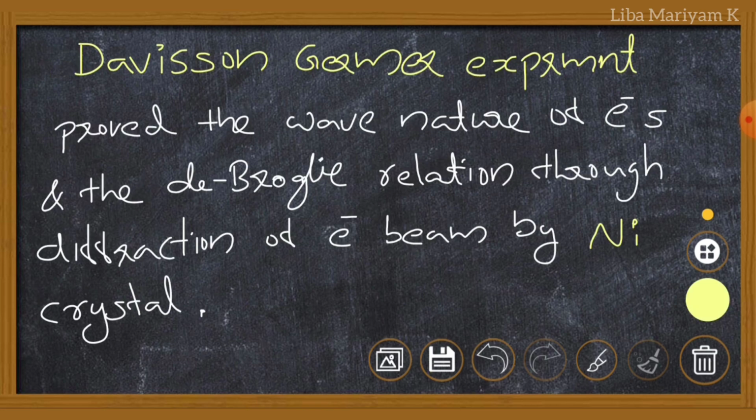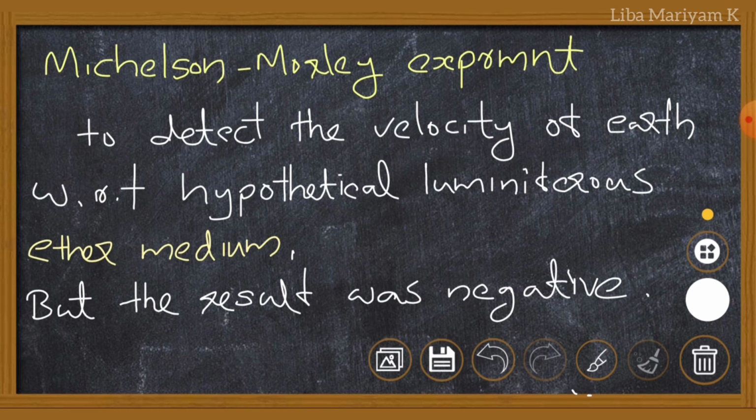Davisson-Germer experiment proved the wave nature of electrons and the de Broglie relation through diffraction of an electron beam by nickel crystal. And the Michelson-Morley experiment was to detect the velocity of Earth with respect to the hypothetical luminiferous ether medium. But the result was negative. Ether exist ചെയ്യണില്ല എന്നാണ് മൈക്കിൾസൺ-മോർലി എക്സ്പെരിമെൻറ്റ് പ്രൂവ് ചെയ്തത്.